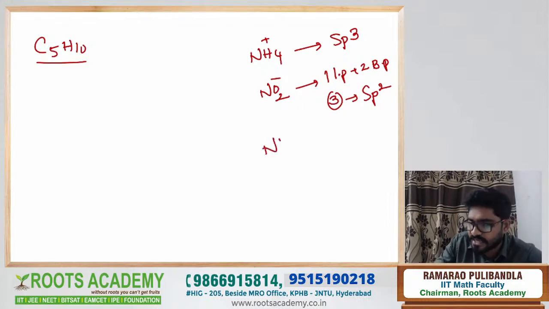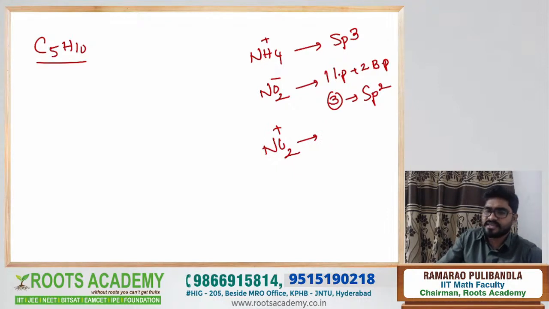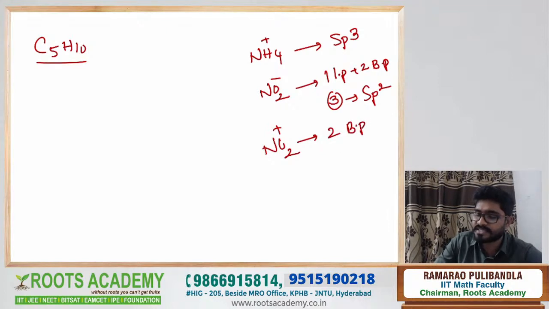Next, what you're asking, NO2 plus, no? Same thing, nitrogen is having 5 electrons. It lost 1 electron, plus means then 4 electrons, 2 oxygen atoms, 2 sigma, 2 pi. So 2 sigma means 2 BP, 2 BP means sp.